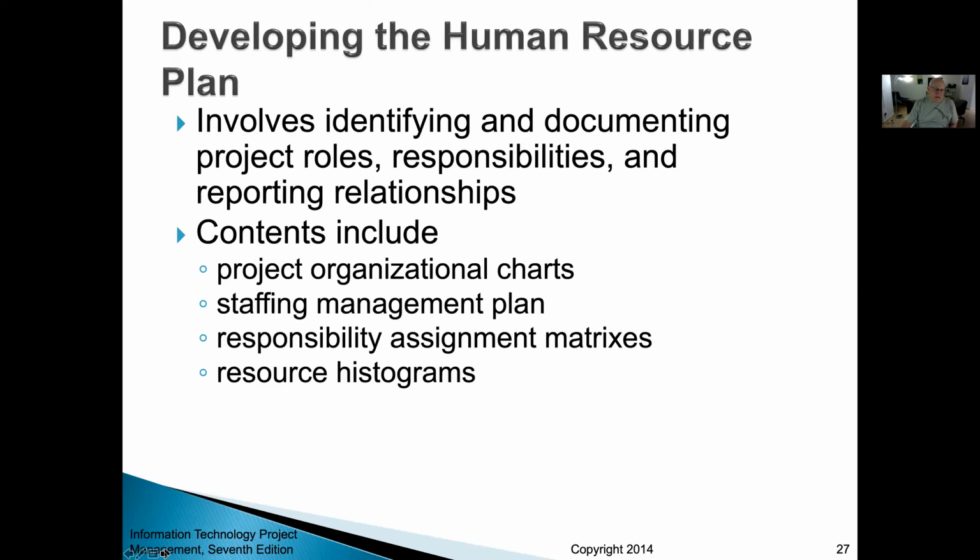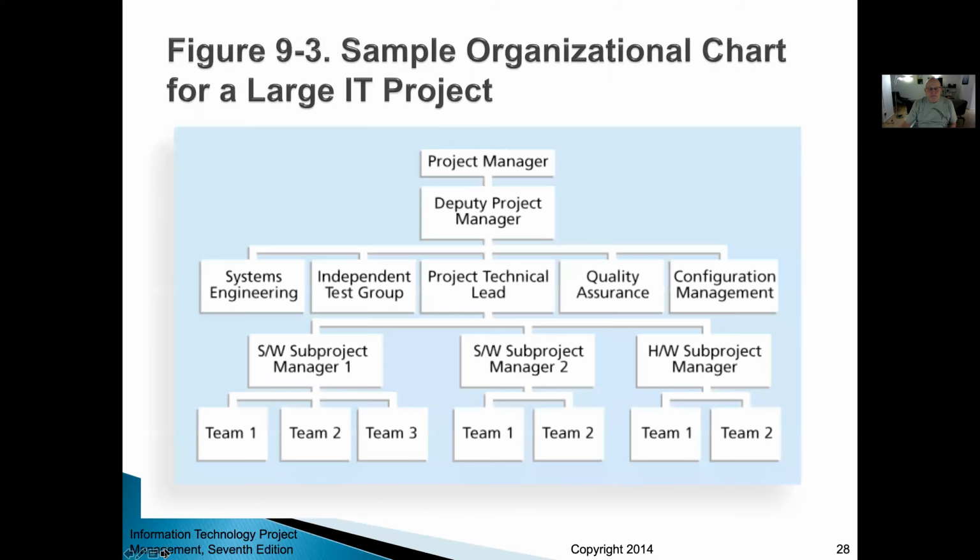Some examples of developing the human resource plan involve identifying and documenting project roles, responsibilities, and reporting relationships. Contents include project organizational charts, staffing management plan, responsibility assignment matrix, and resource histograms.